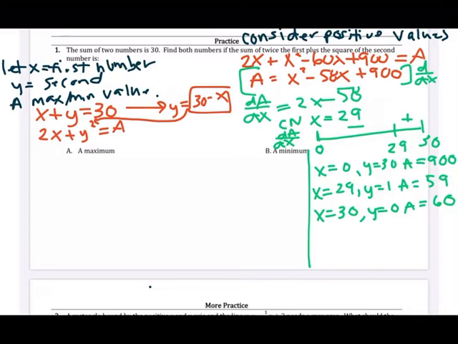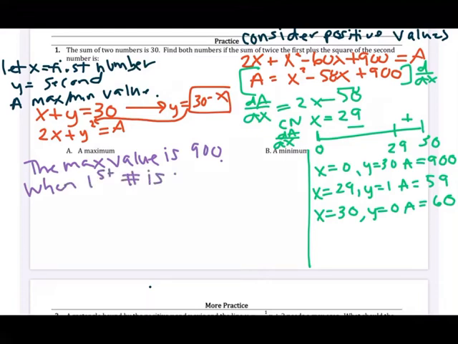So now, using this information, I can identify where the max and min values would be in context to this problem. So the maximum value is 900, and that happens when the first number is 0 and the second is 30.